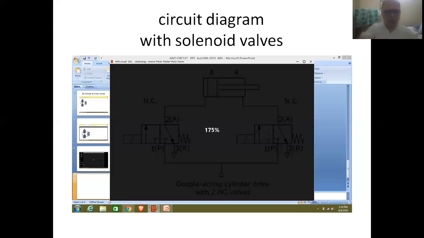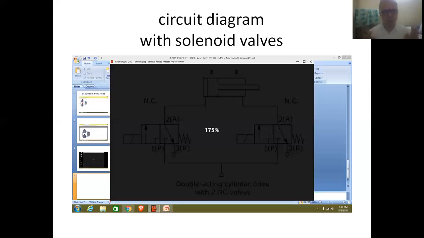And finally, here we can see the passages made inside the body of the valve. They are called valve ports. Both the valves are provided with one inlet port, one outlet port, and finally one exhaust port. So totally both these valves have three ports.